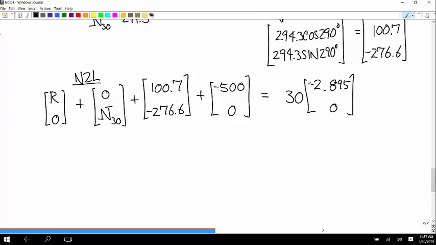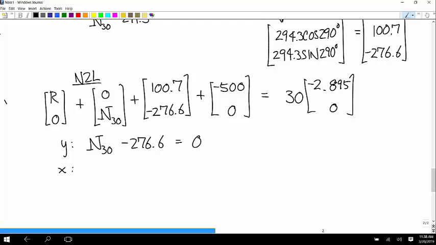And again, there will be problems where you'll be asked for something that you need the y equation for, but we keep having this same thing where the y equation doesn't give us anything that we're asked for. It just says N30 minus 276.6 is equal to 0.